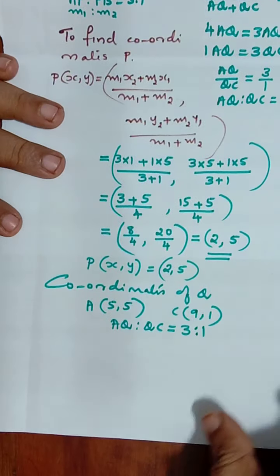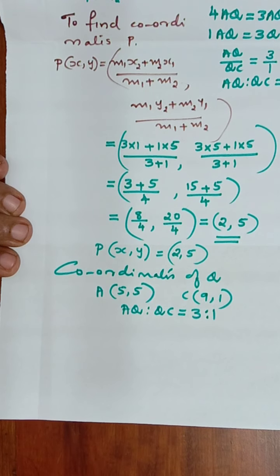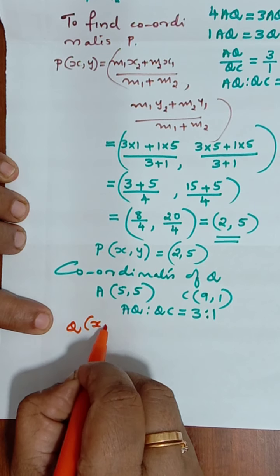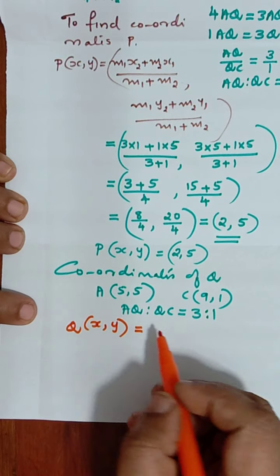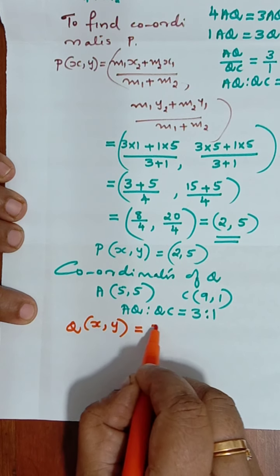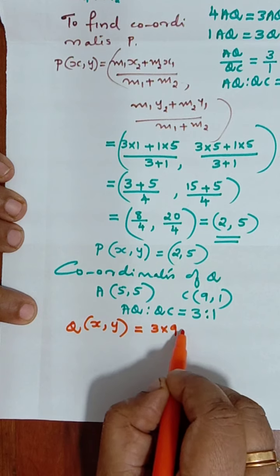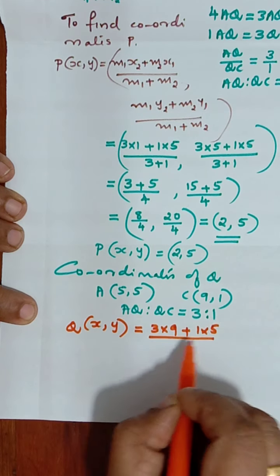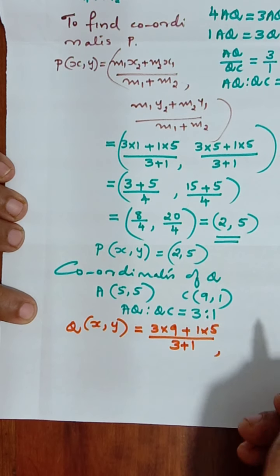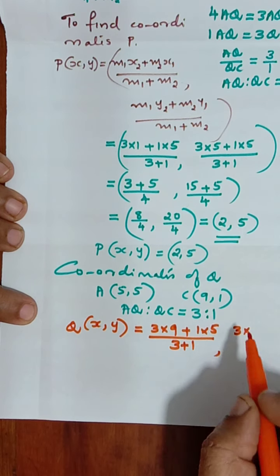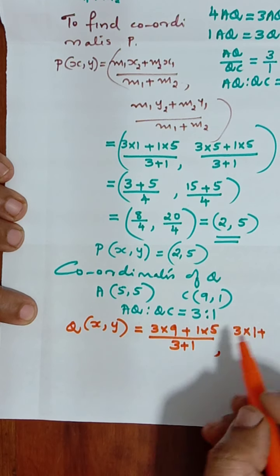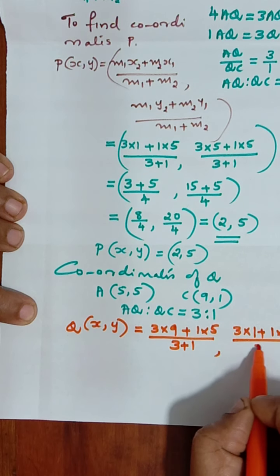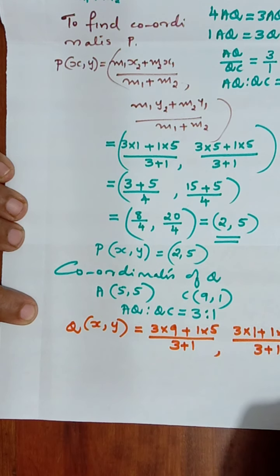Now AQ is to QC. Therefore, let us take Qxy is equal to m1x2, m1 is 3 into x2, 9 plus m2, 1 into x1, divided by m1 plus m2. m1 y2 plus m2 is 1, y1 is 5, divided by m1 plus m2.